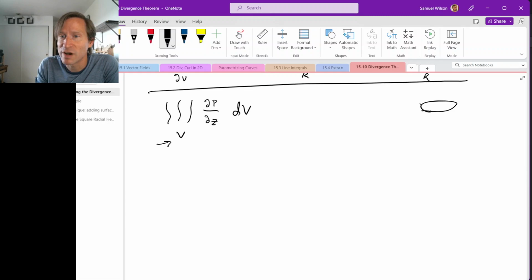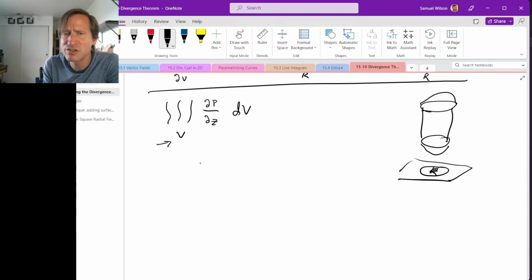Our volume looks like this with cylindrical sides. It's sitting over a region R in the xy plane. So in the xy plane, I'll write dA again. This dA is in the xy plane.